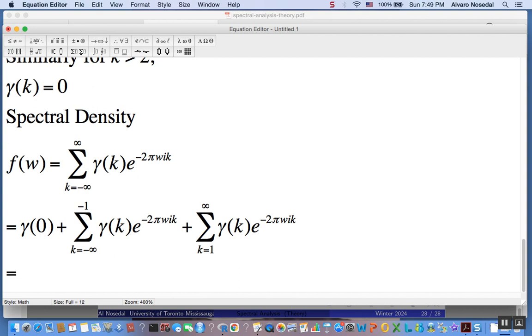Now, remember that gamma at k is the same as gamma at negative k.